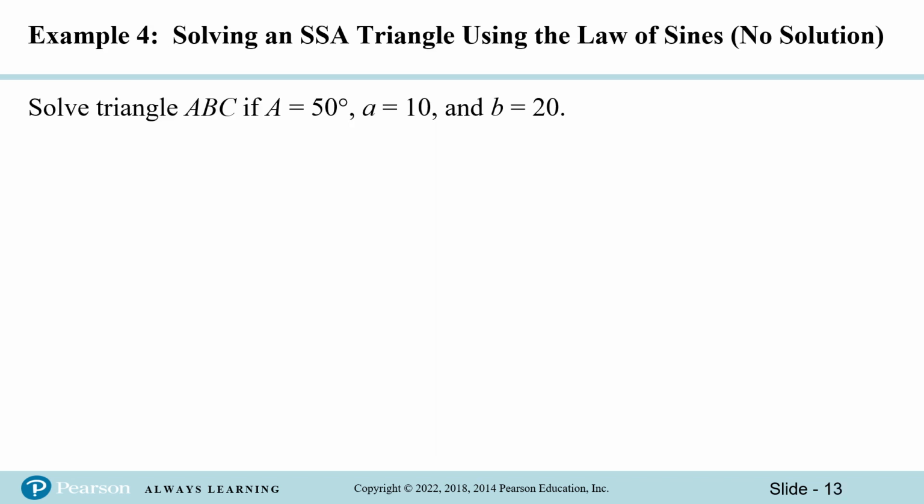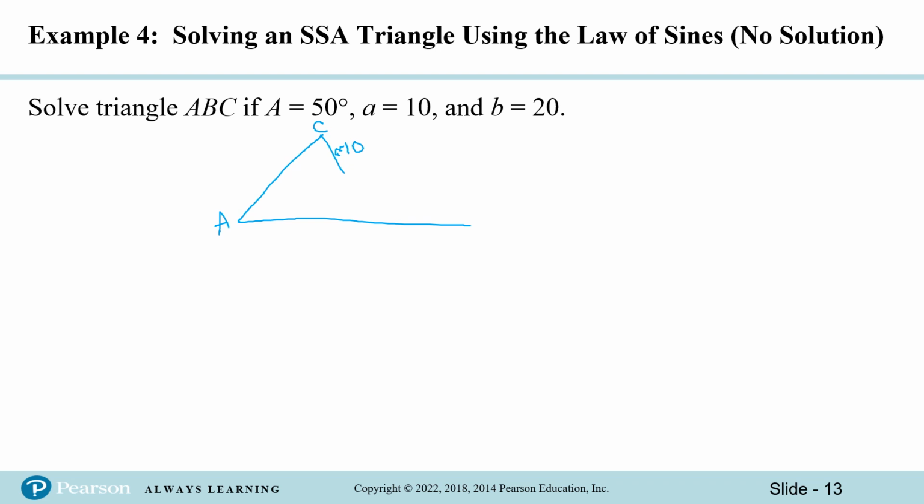So let's suppose we have a triangle ABC, and we know angle A, and we know side A and side B. Okay, we don't know how long this side is. We're going to label this A, and we are going to label this C. And I'm just going to put side A as 10.